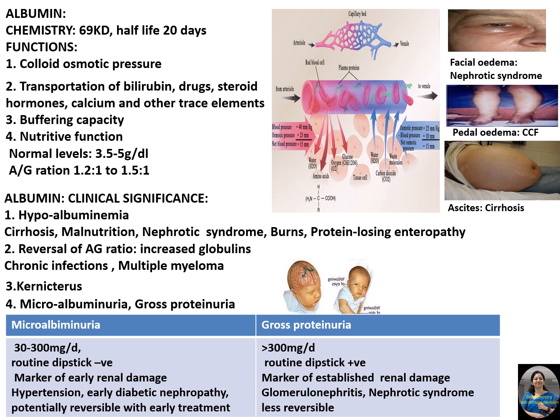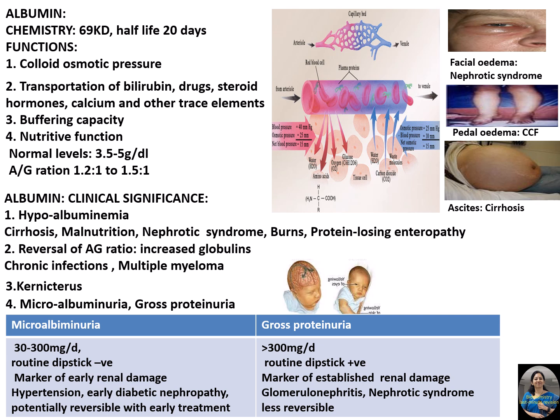Now this is because albumin, being a transport protein, binds to unconjugated bilirubin, and this complex will not be able to cross the blood-brain barrier. So in conditions of hypoalbuminemia, there will be less albumin, and bilirubin, being lipophilic, can cross the blood-brain barrier and can lead to development of kernicterus in children suffering from hypoalbuminemia.